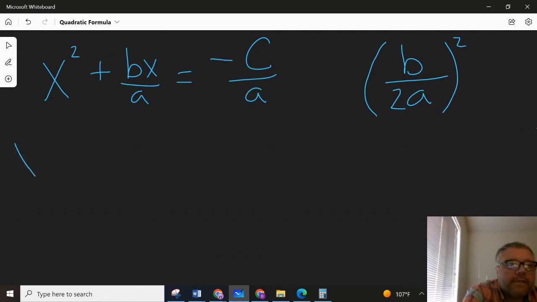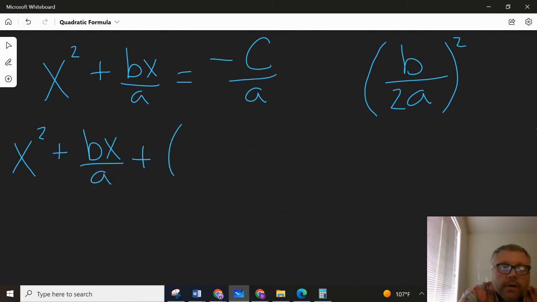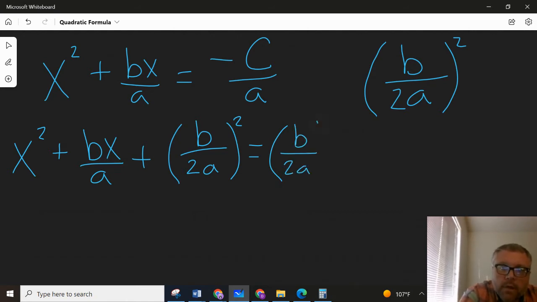So my left-hand side is now x squared plus bx over a plus our new friend here, b over 2a, that's being squared. And remember, that's being added to both sides, so minus c over a.